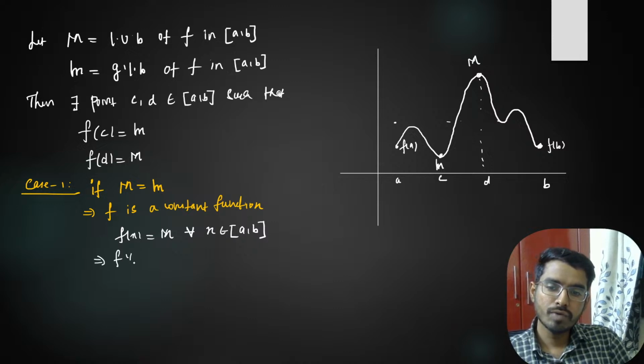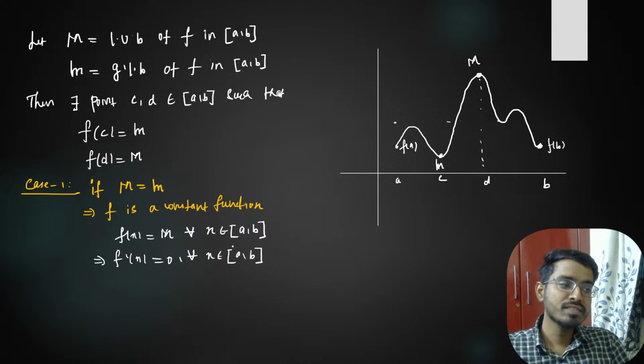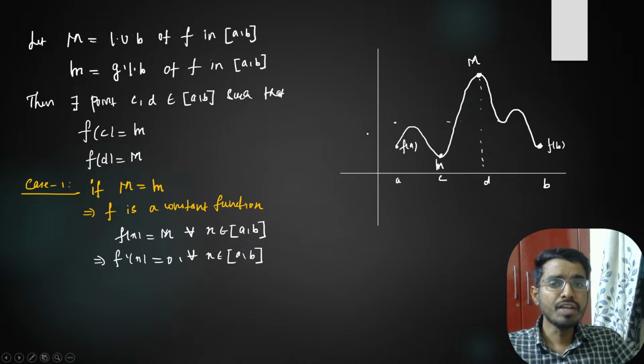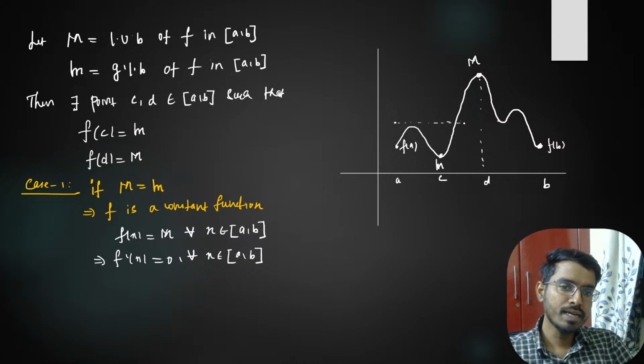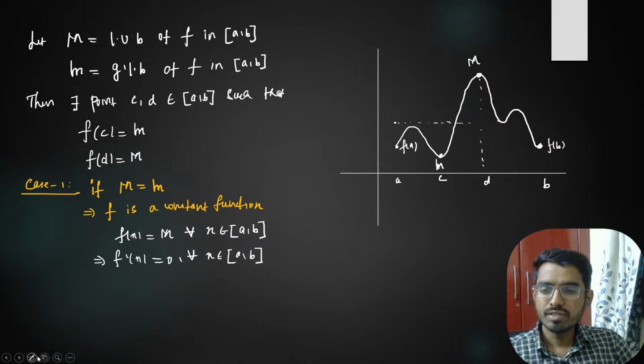This implies what is your f dash of x? It is 0 for all x in this interval a comma b. Yes or no? For all x in the interval a comma b, because it is a constant function. That means I can find infinitely many C. If your graph is a straight line, for all C in this a comma b, the derivative is 0. That means this theorem is true if your capital M is equal to small m, right?